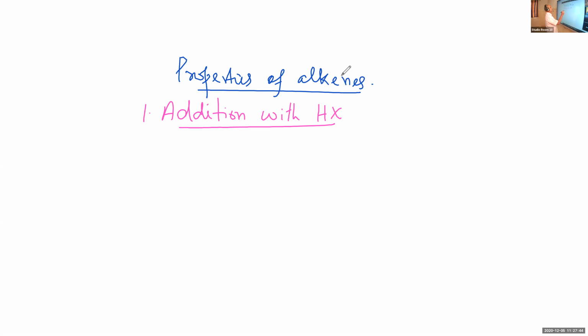Take a reaction between ethene, CH2=CH2, and HBr. Then the pi bond is broken, giving CH2-CH2, and HBr is added.